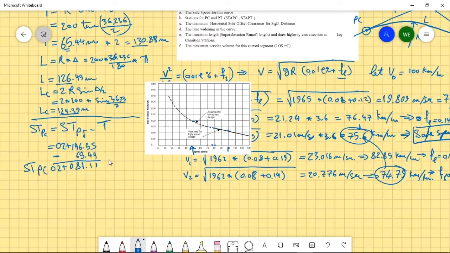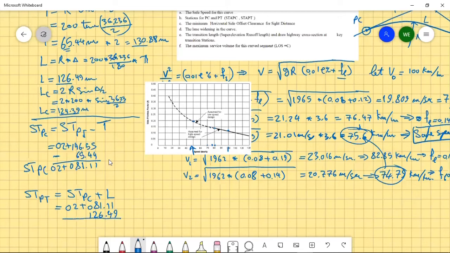So it's this point 0, 2 plus 081.11 plus the length of the curve, which is 126.49.